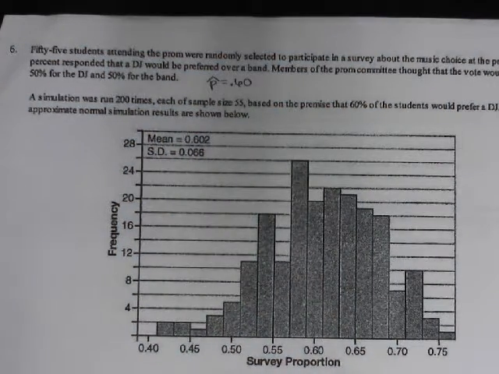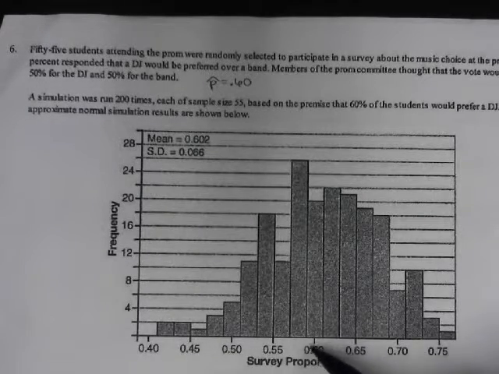So of the sample we took, 60% of them preferred a DJ over a band. Members of the prom committee thought that the vote would have 50 for DJ and 50 for band. So a simulation was run 200 times, each of sample size 55, based on the premise that 60% of the students would prefer a DJ.